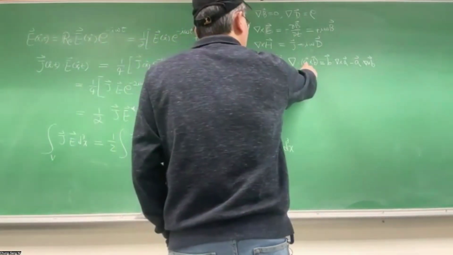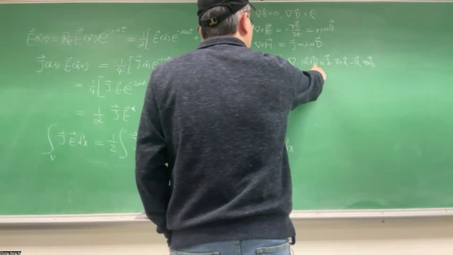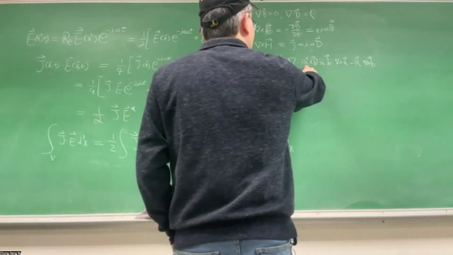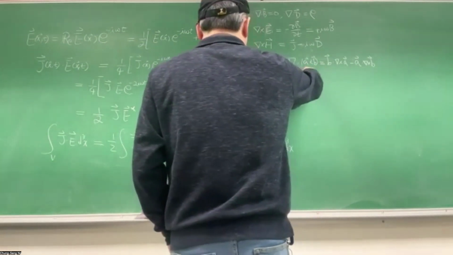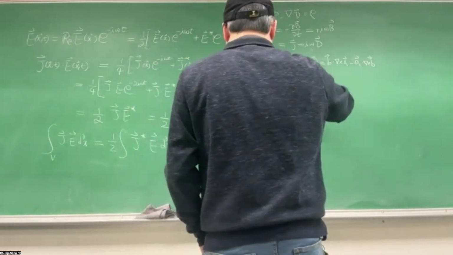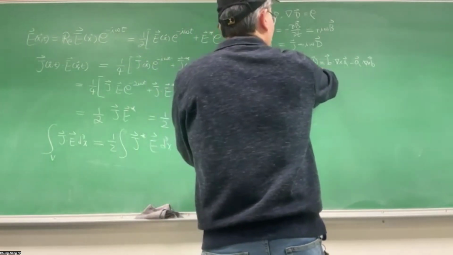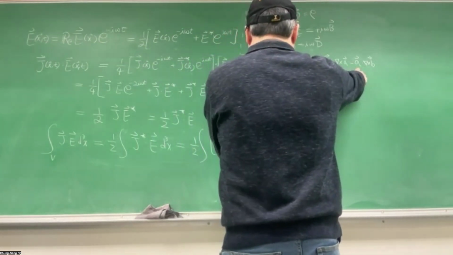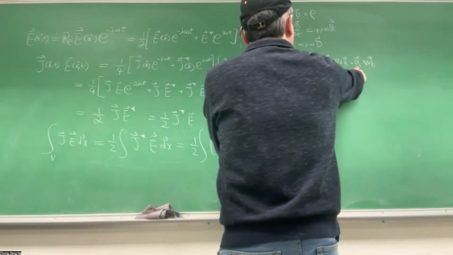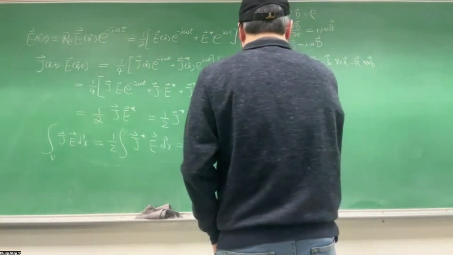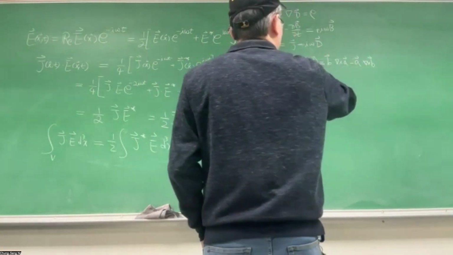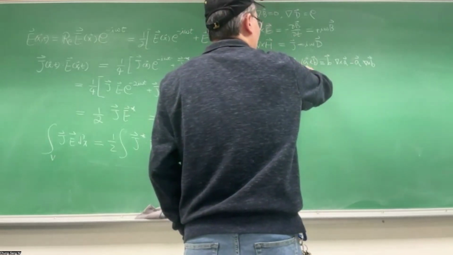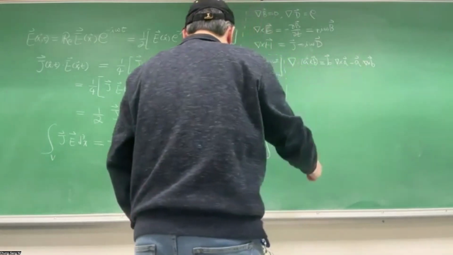So A is E, B is H, or H complex conjugate. So you move this to the left-hand side, and move this to the other side.